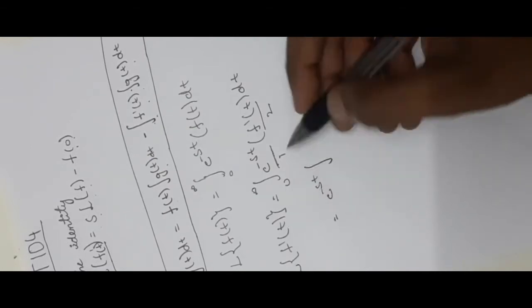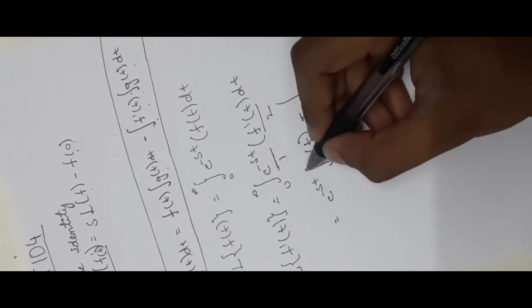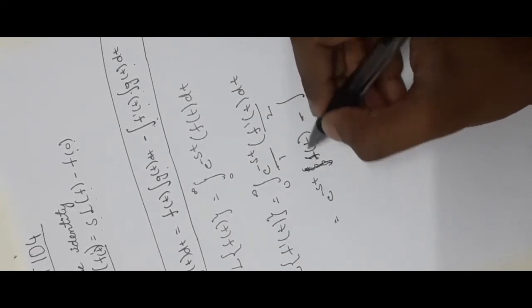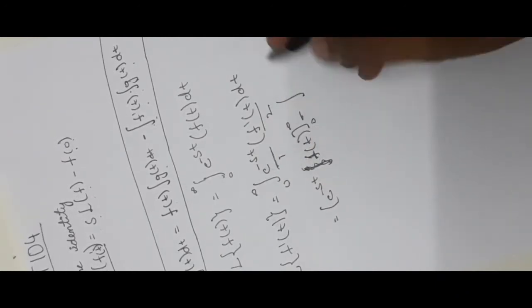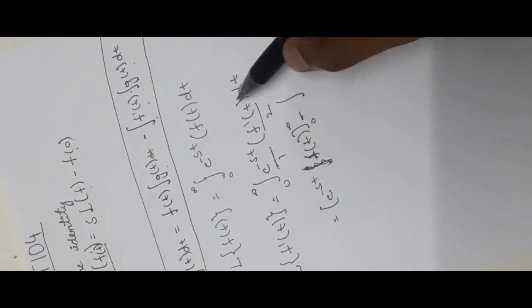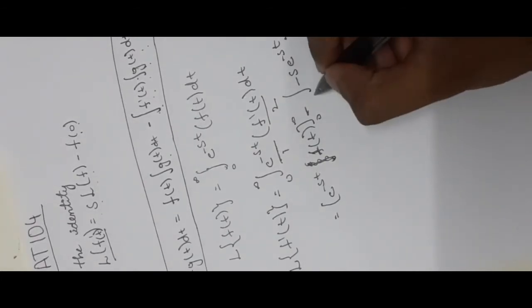The integral of f dash of t will give f of t, minus the integral, and its limits would be 0 to infinity. Then the derivative of the first function is minus s into e to the power minus st, into the integral of the second function, so it is f of t dt. The limits are the same, 0 to infinity.